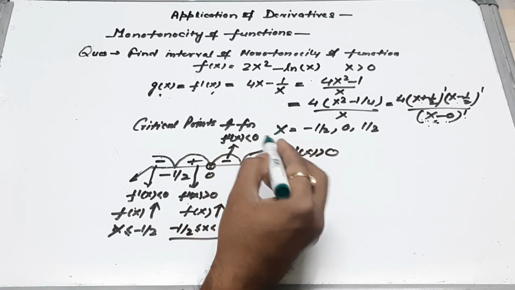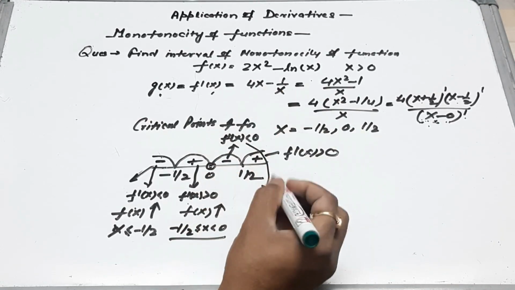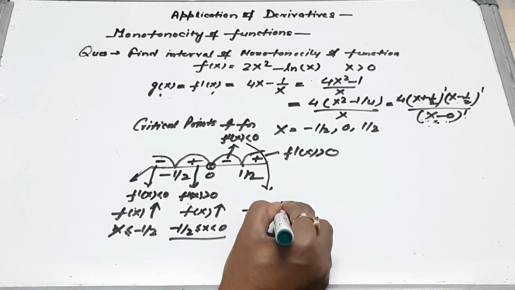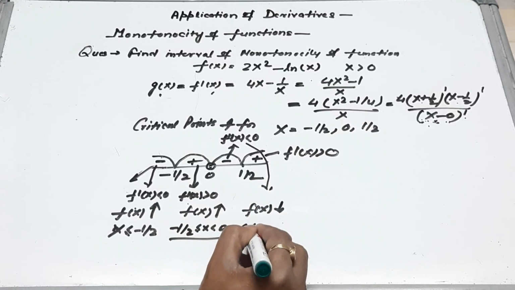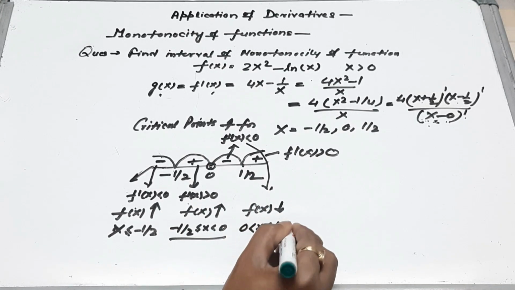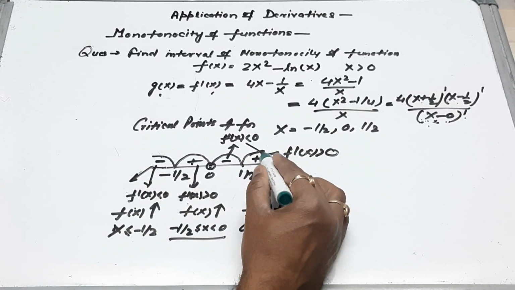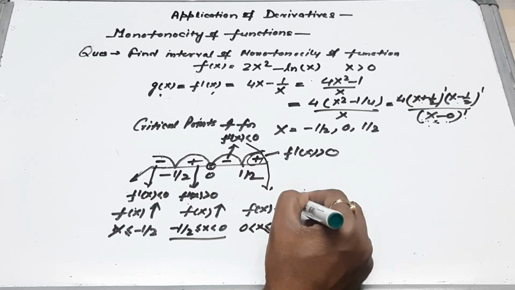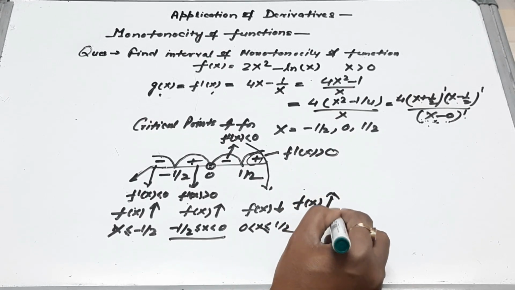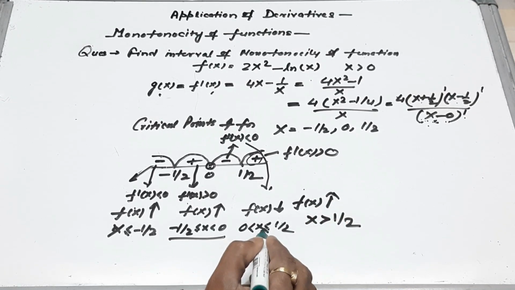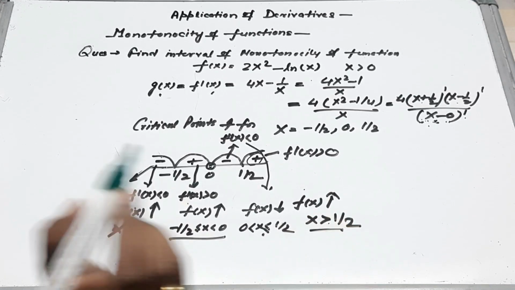Now come to the third interval. Here you see again f'(x) is less than 0, meaning f(x) is a decreasing function, 100%. What is the interval? 0 will not be included, so greater than 0 and less than or equal to 1/2. I included the equality here. And the last interval will again have f'(x) positive, meaning f(x) will be an increasing function when x is greater than 1/2. Since the equality was included in the previous interval, this interval must be excluded from equality.